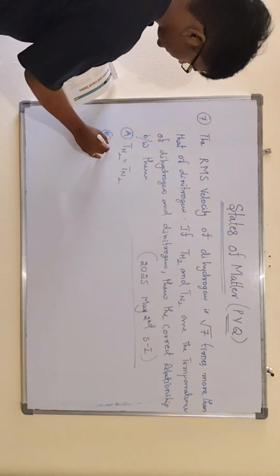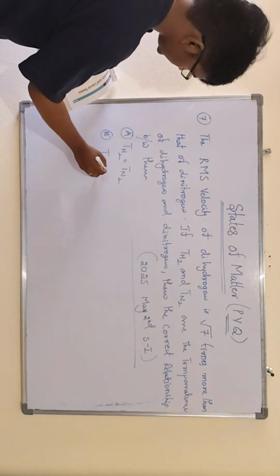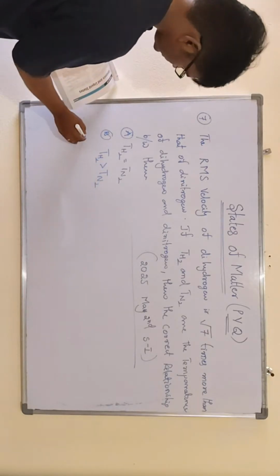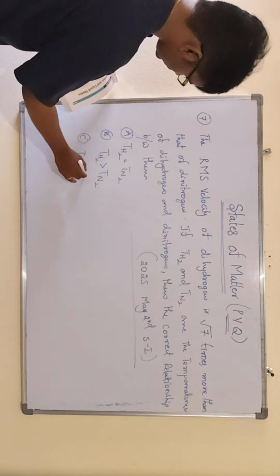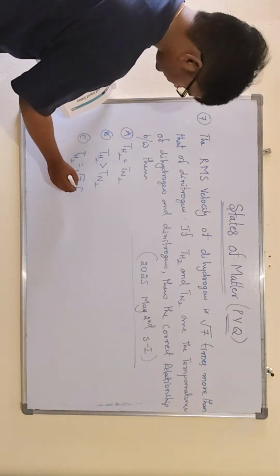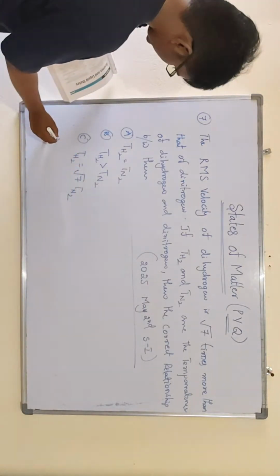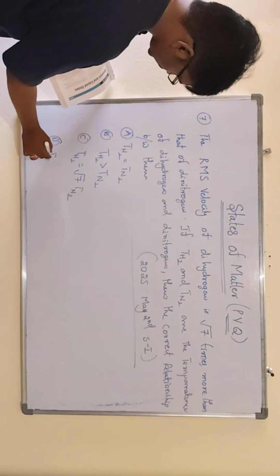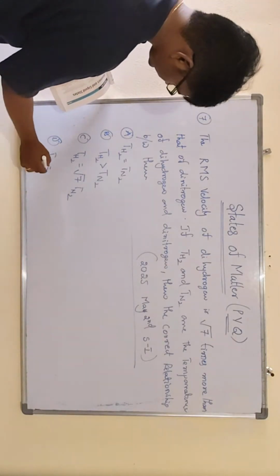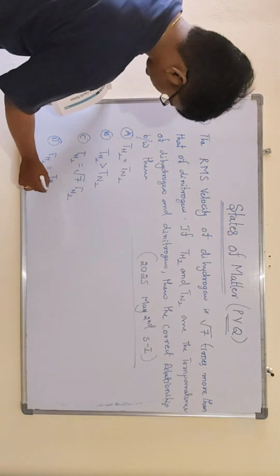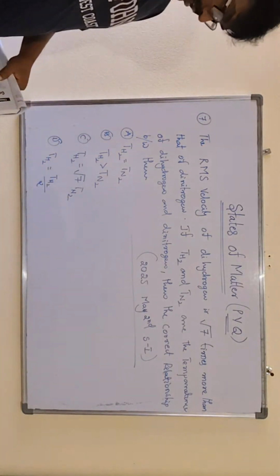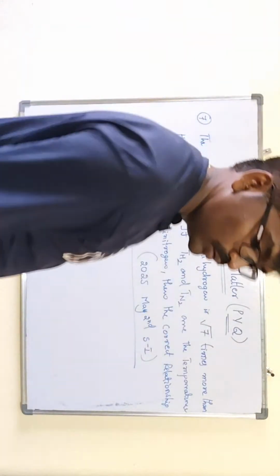Option B, TH2 is greater than TN2. Option C, TH2 equals square root of 7 into TN2. Option D, TH2 equals TN2 divided by 2. Look at the question carefully.